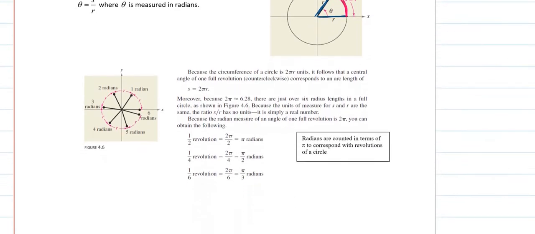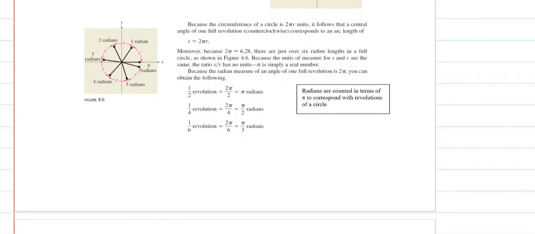Because the circumference of a circle is 2 pi r units, it follows that a central angle of 1 full revolution, counterclockwise, corresponds to an arc length of 2 pi r, because 2 pi r is the circumference of a circle. So if we went all the way around the circle, the circumference would be 2 pi r.